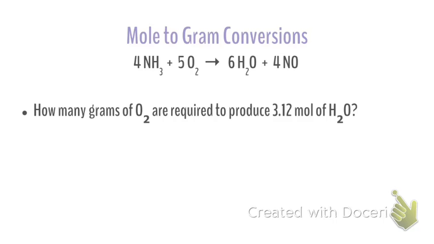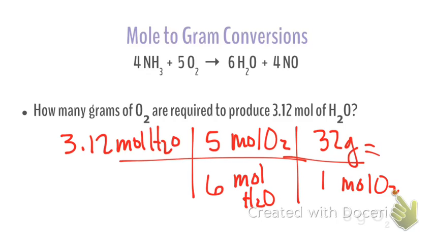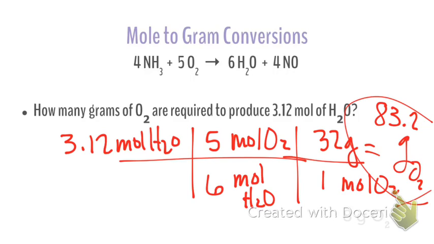Okay. Good. Okay. So I gave you a balanced equation here. You're starting with moles and going to grams, similarly to what we just did previously. Me too. 83.2 grams of O2. Okay, good.